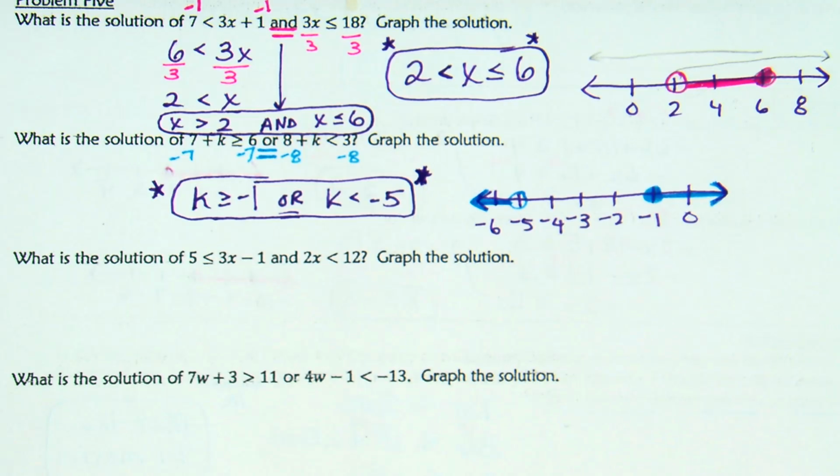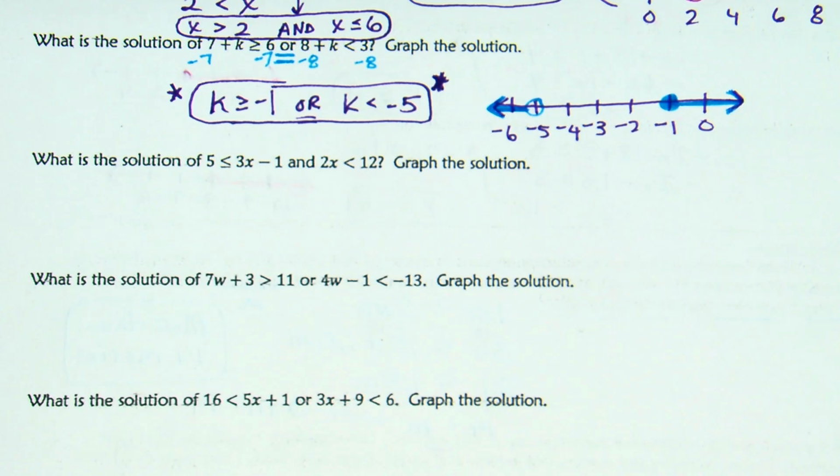Okay, solve away. 5 less than or equal to 3x minus 1. How do I get x by itself? It's 3x minus 1. We're going to add 1. 5 plus 1 is 6, less than or equal to 3x.